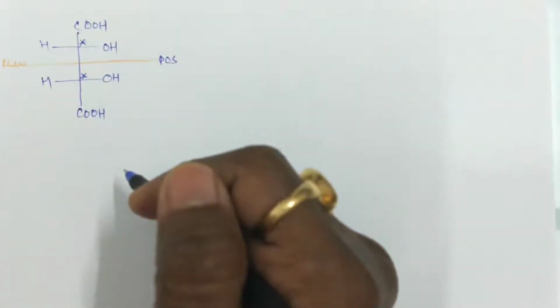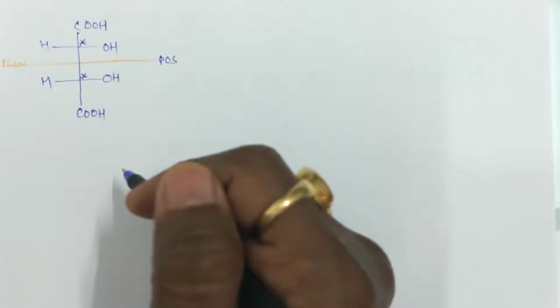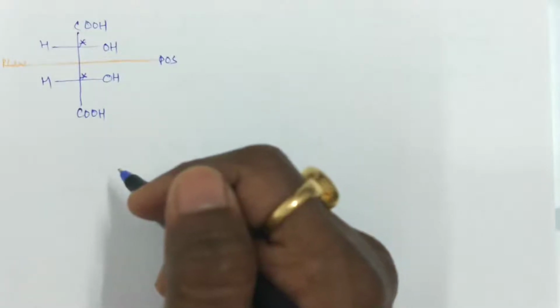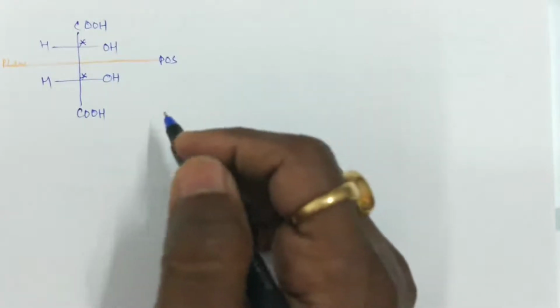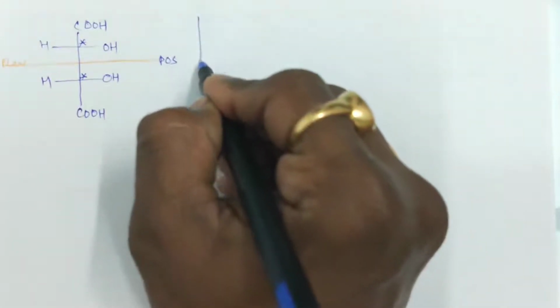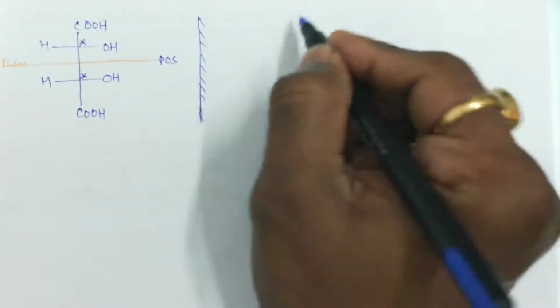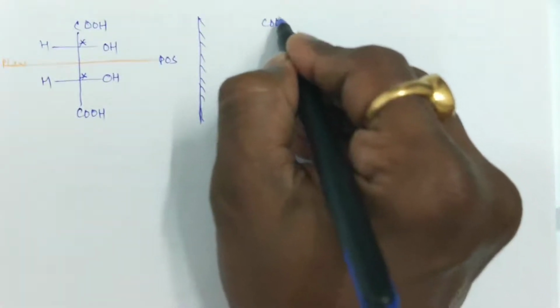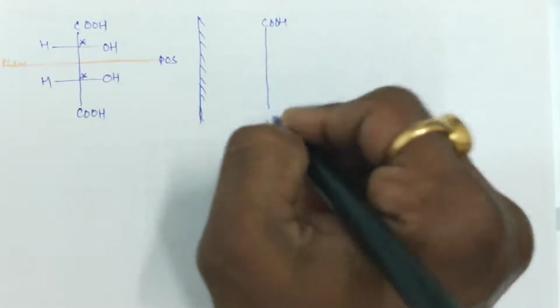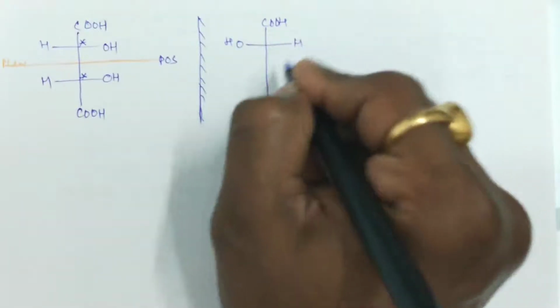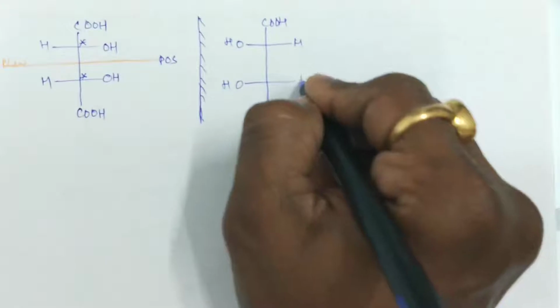Now if you take the mirror image of this molecule, means you reflect this molecule, what do you get? You get this type of structure, right?